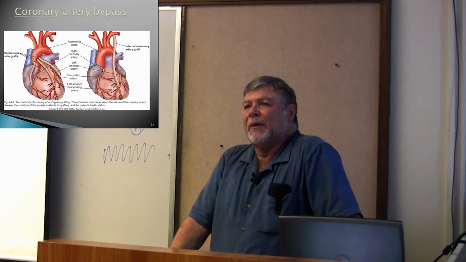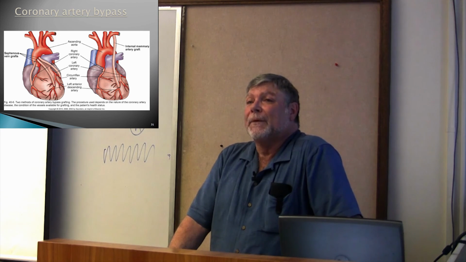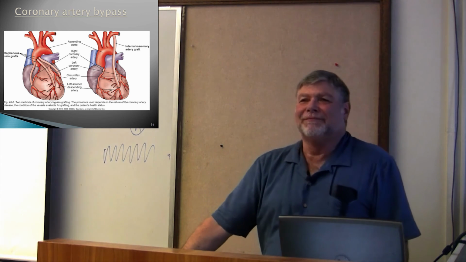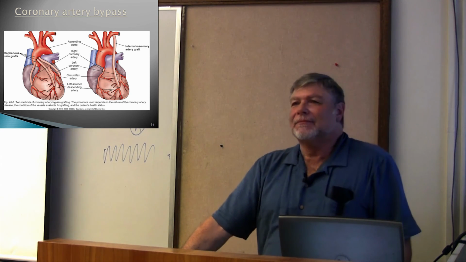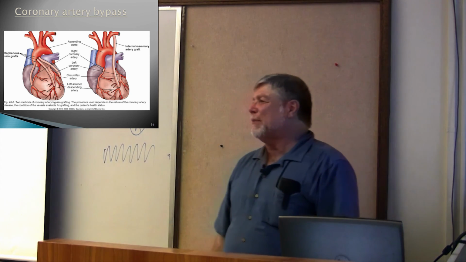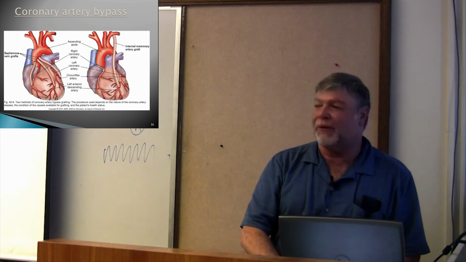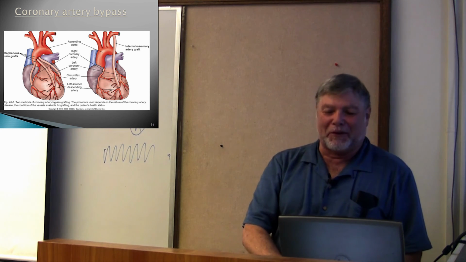How do veins differ from arteries? Other than the kind of blood they carry? They have valves. Very good. So if you put it in the wrong way, will the blood flow? No. So they have to remember to put it in backwards, basically, so that the blood will flow to the heart.